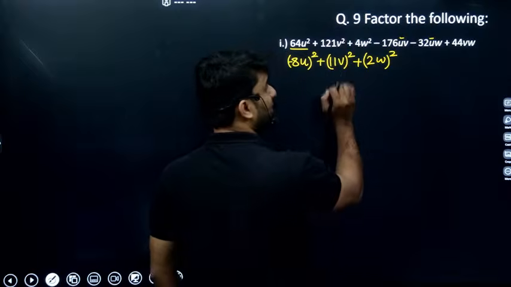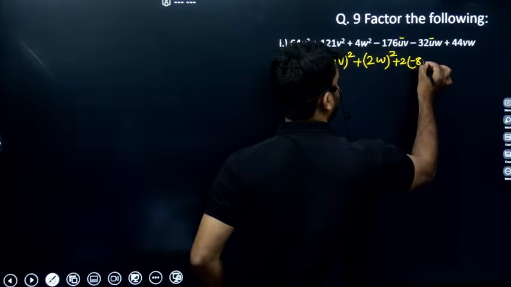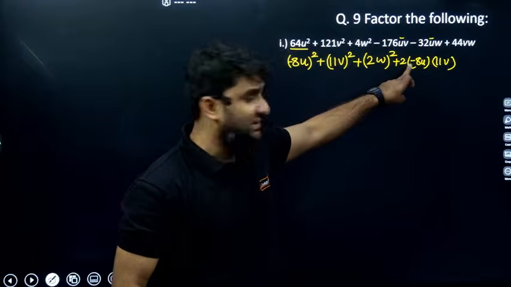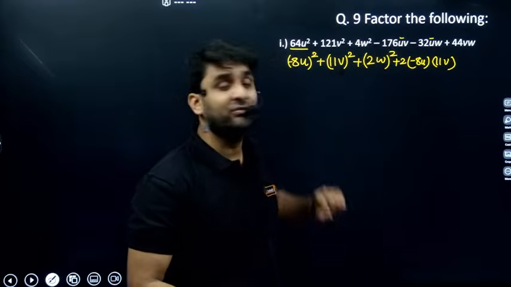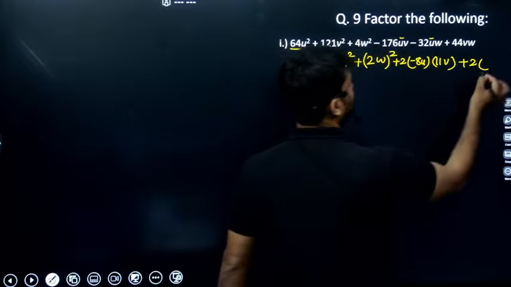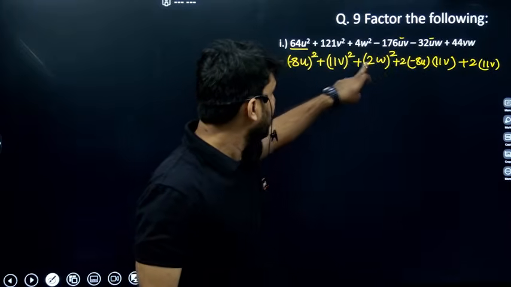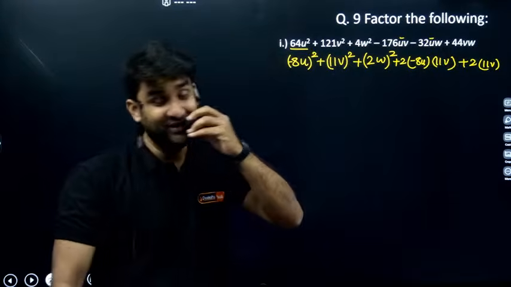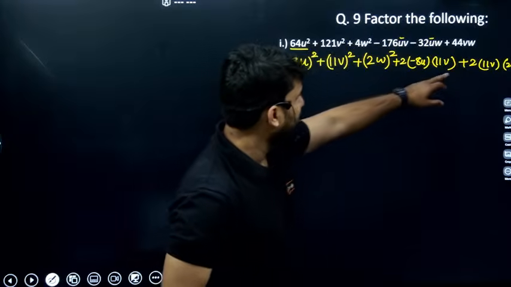Now listen: a square plus b square plus c square plus 2ab plus 2bc plus 2ca. a is minus 8u, b is 11v. Now multiply. 8 into 2 is 16, and 16 into 11 is 176. 11 into 8 is 88, and 88 into 2 is 176, and plus, minus, minus. Similarly, 2bc: b is 11v and c is 2w, and all are positive, so this vw term is positive.